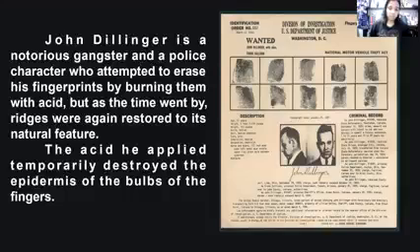Well, it would be difficult on the part of law enforcement agencies to analyze such fingerprints, since those fingerprints will not redevelop, because the part that was destroyed is the dermis of the fingerprint.